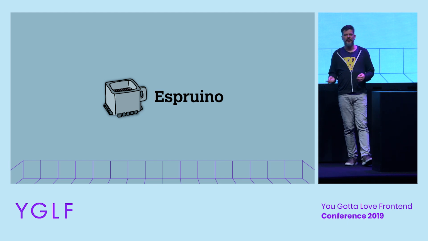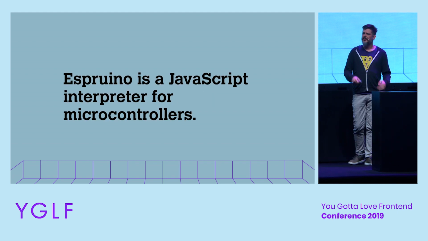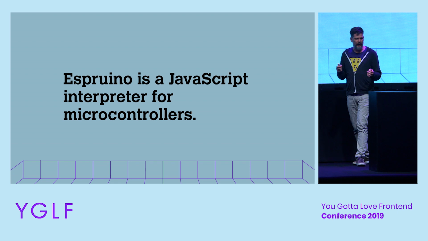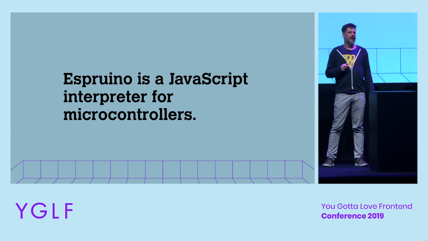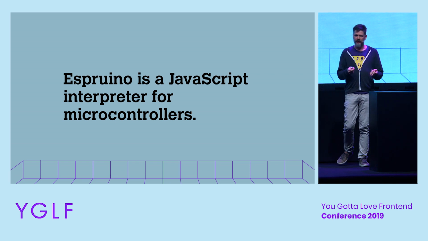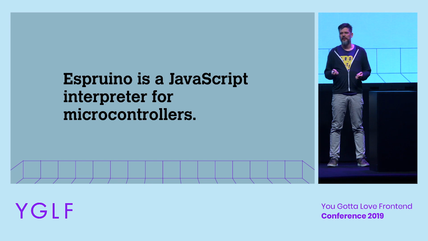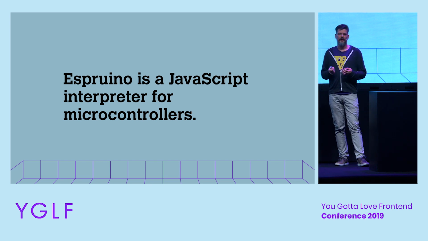But there are also versions you can actually flash yourself on your own hardware. And it's an interpreter that supports most of JavaScript, even some ES6 features like arrow functions and so on. And it has a REPL functionality. That means that if you connect it to a computer, like using a USB cable or using Bluetooth, you can run JavaScript code on it just like you would in the console of a browser.